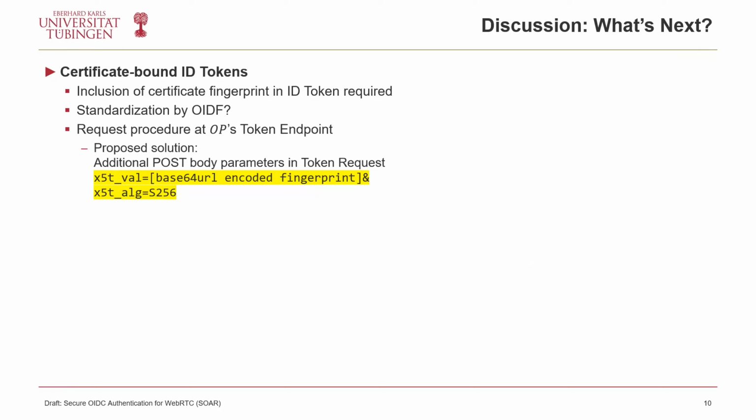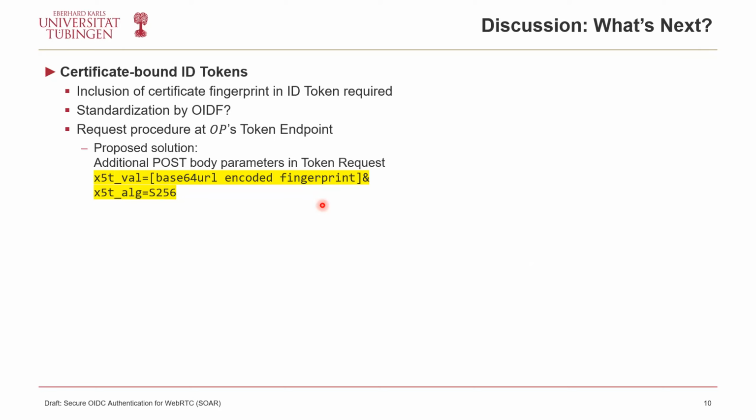Right, but the ID tokens come back, at least in the code flow, from the token endpoint, right? But the data that goes into the ID tokens, some of that data comes from the authorization request itself. Yes, that's just like if we put the fingerprint into the nonce value.